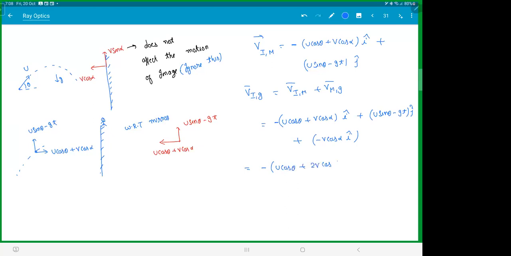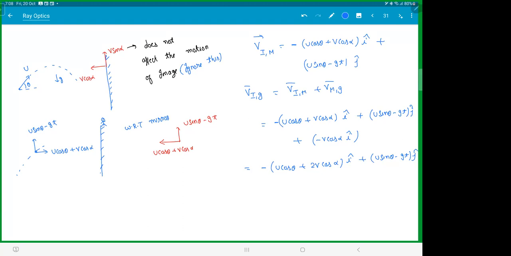The horizontal component will be 2v cos alpha. Check. That's your answer. So stop the mirror. Then it becomes easy to see. Find the image, and then whatever image comes, just add the mirror's velocity. You'll get it in the ground frame.